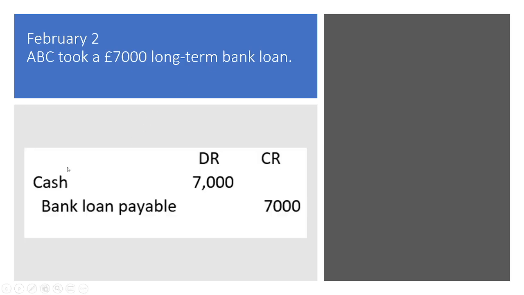And as you can see, cash 7,000, bank loan payable as credit here. It's straightforward, it's not that hard. But in order for you to master this, you need to do journal entries by yourself a couple of times to really know what you're supposed to do. Let's go to the next one.